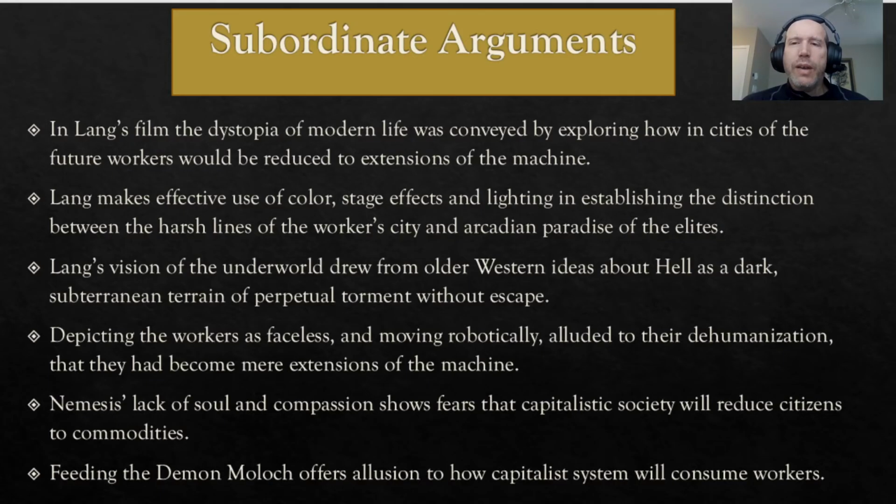So a few of you are analyzing Metropolis, so I'm not going to read out again all the examples, but this is again a similar exercise. Depending on what your paper topic is, what you can do is write out some of these subordinate arguments in full.